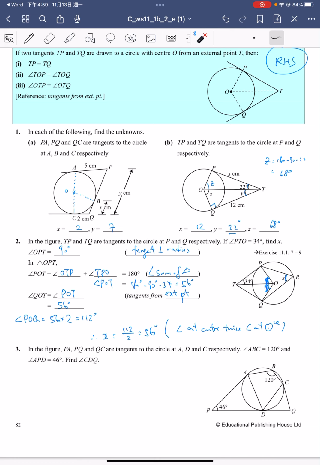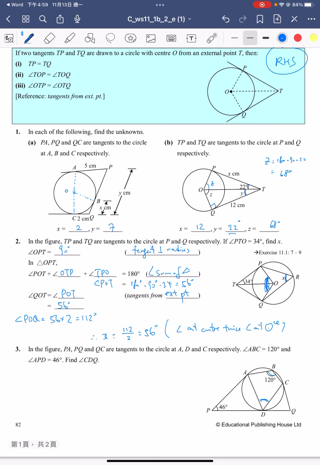So first of all, if you realize that this is a cyclic quadrilateral, isn't it? Because we have 4 points on the circle and they're all connected together. So ABCD is a cyclic quadrilateral, which means that the opposite angles add up to 180 degrees by using the opposite angle cyclic quadrilateral.